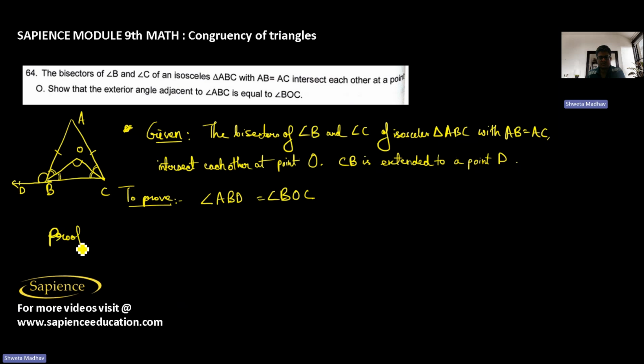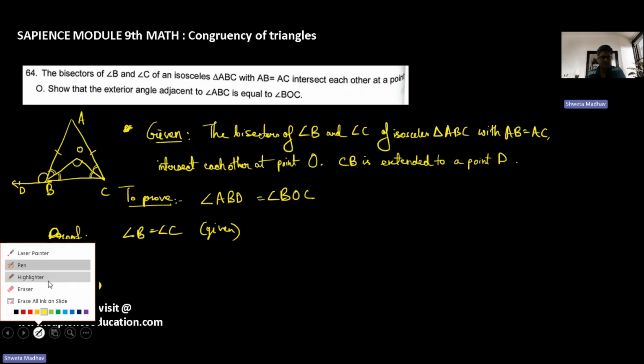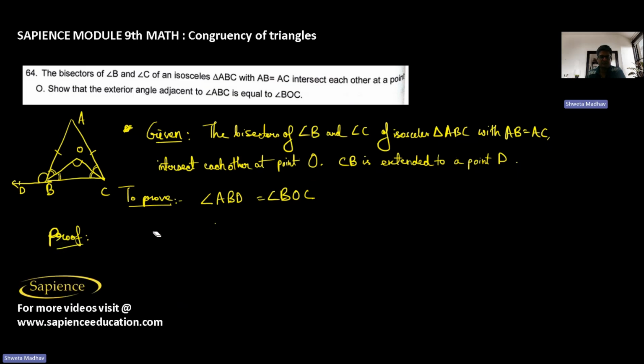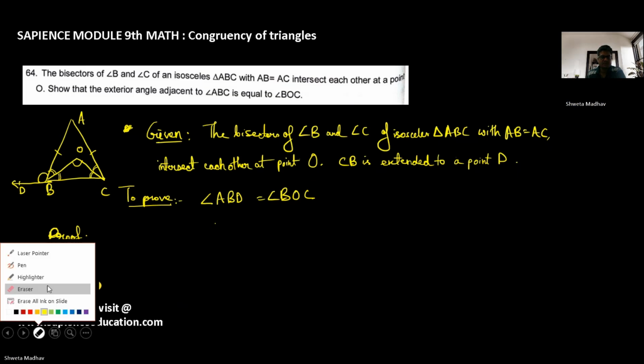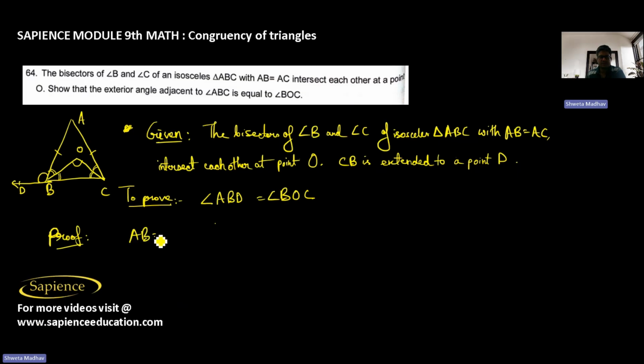So the proof is that AB equal to AC is given.